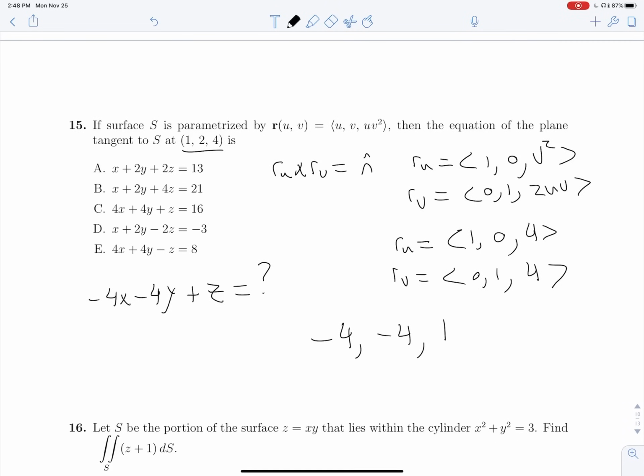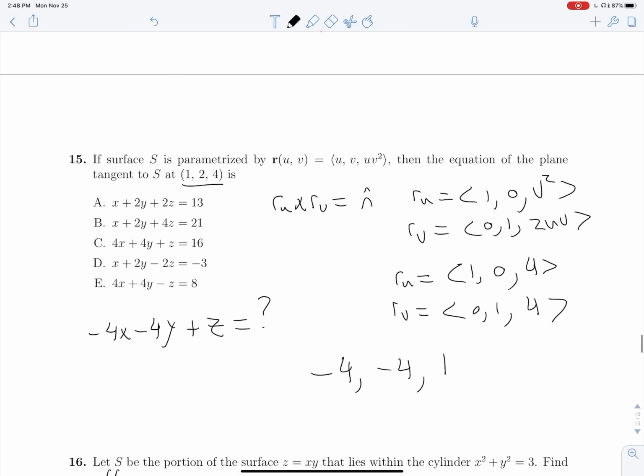And we can figure out what that something is by plugging in 1, 2, and 4 for x, y, and z. So we will get negative 4 minus 8 plus 4 is negative 8. So we just stick a negative 8 up here, and notice that if we move everything to the other side of the equation, we will get answer choice E, which is equivalent to this.